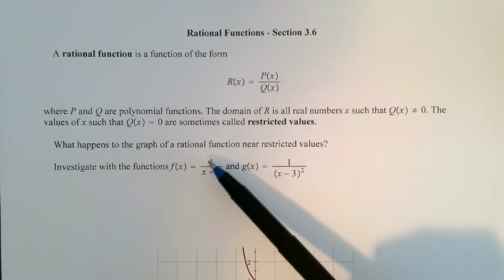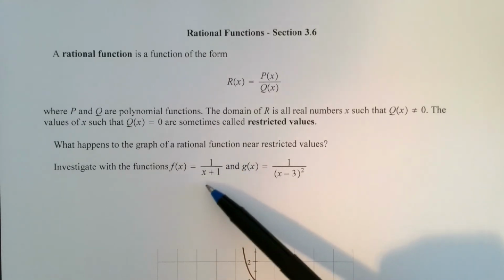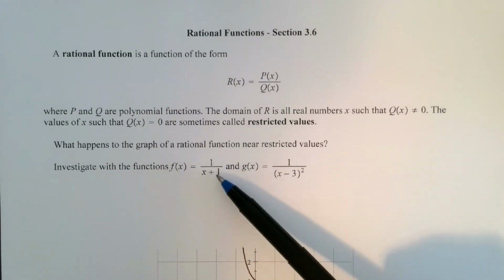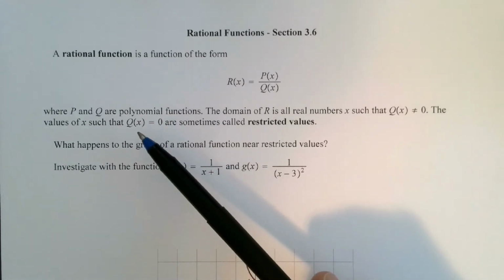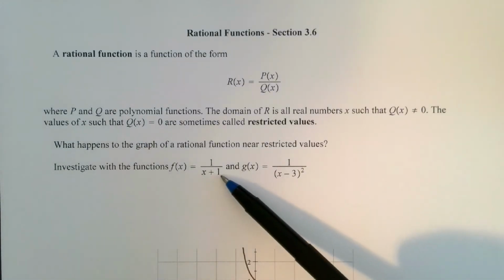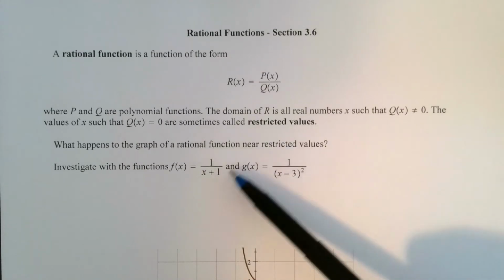You can tell me right away, I hope, what value of x will make the function f undefined. What value of x will give us division by 0 down here? The answer is -1, right? If x is -1 and I add 1, I'm going to get 0 down here. In fact, that's a 0 of the polynomial function q of x, which in this case is x plus 1. So -1 is a restricted value.